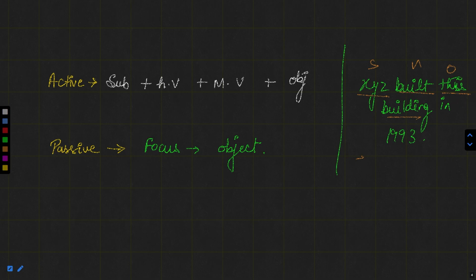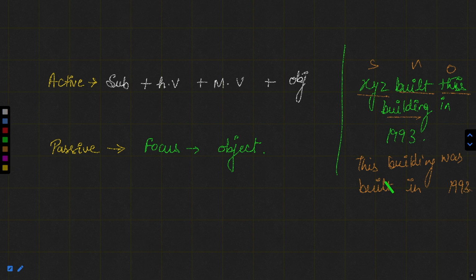But if I say that this building was built in 1993, now we only know about this building that it was built in 1993.